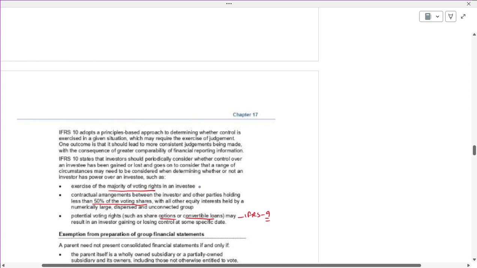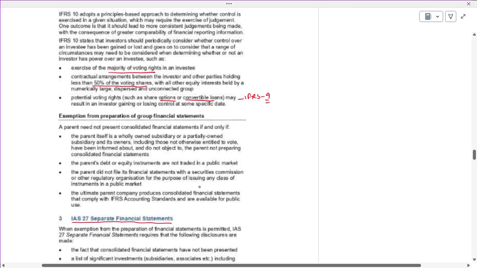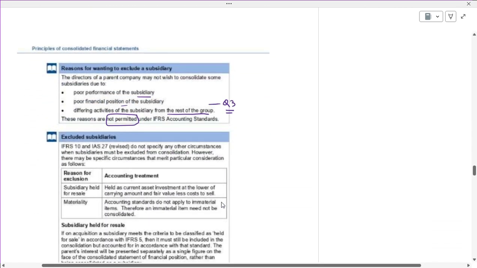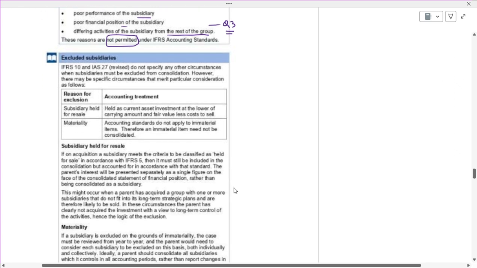Investors should periodically consider the exercise of a majority of shares and contractual arrangements. In no circumstance is a subsidiary excluded, including a subsidiary held for sale.